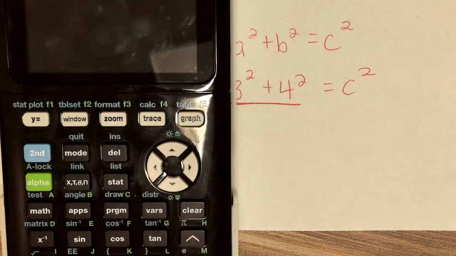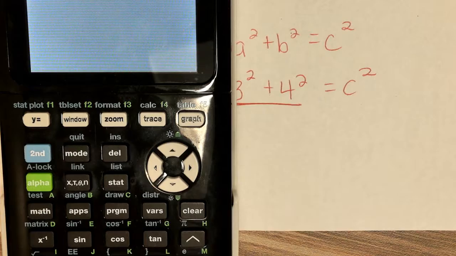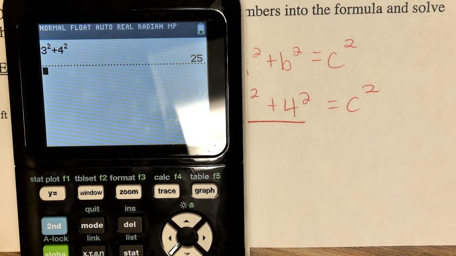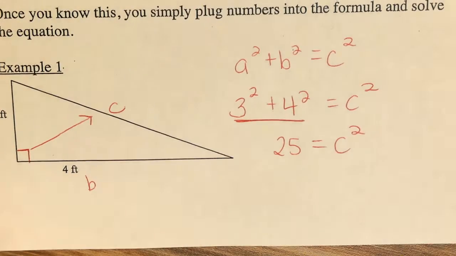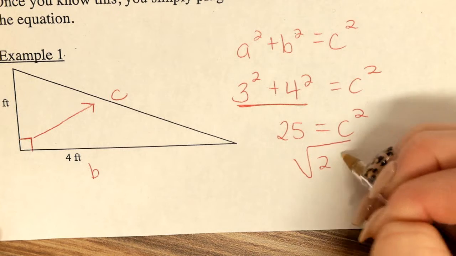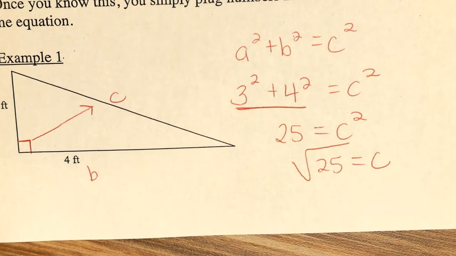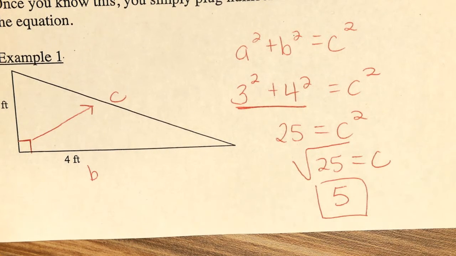So you're going to put in your calculator 3 squared plus 4 squared. And what's my last step of Pythagorean theorem to get rid of this square? Square root your answer. And the square root of 25 is 5.